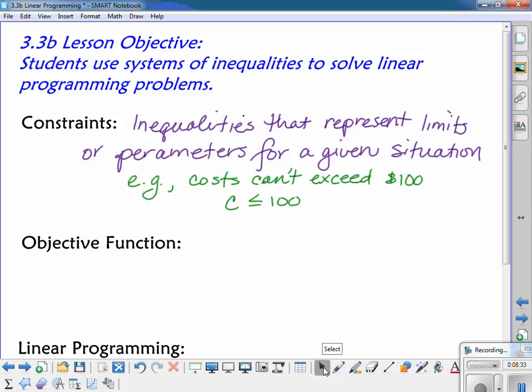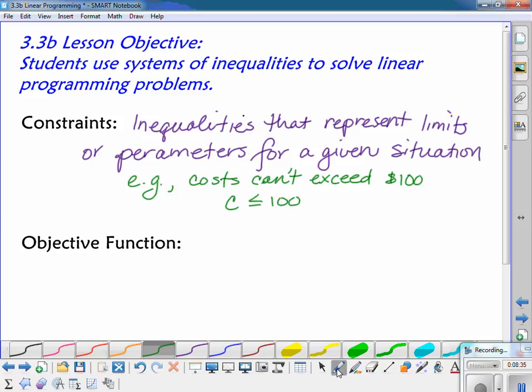All right, so objective function. Does somebody have what they think an objective function is? That one was a little bit harder to get from the text. What do you think, Maureen? The linear function that is maximized or minimized? Yeah, so it's what we want to maximize or minimize. So what we're doing is we're taking a real world situation and turning it into algebra, right?